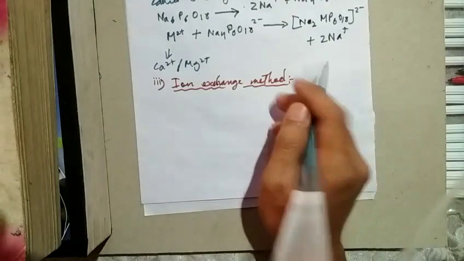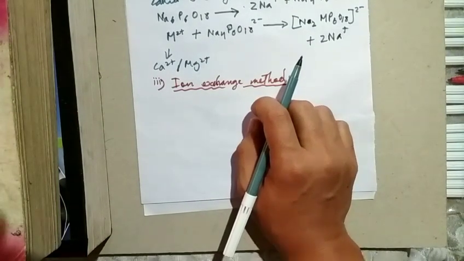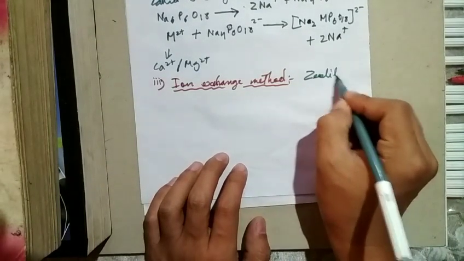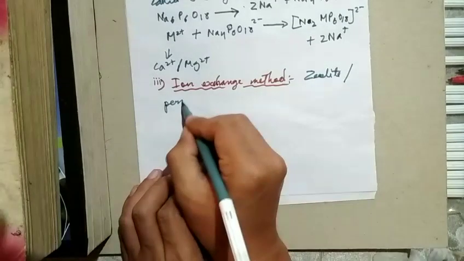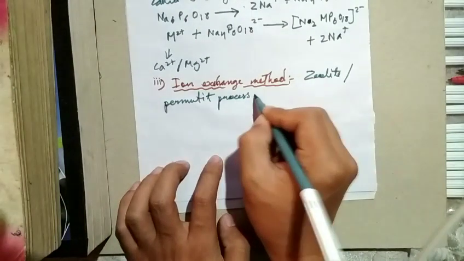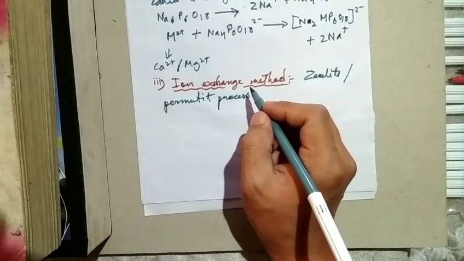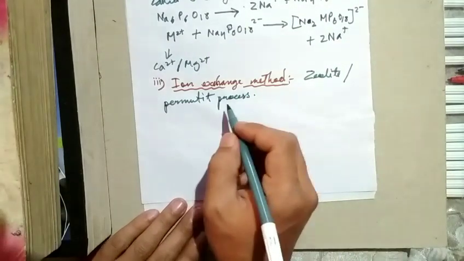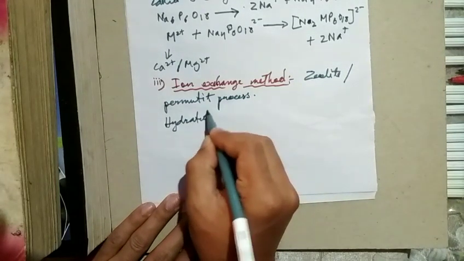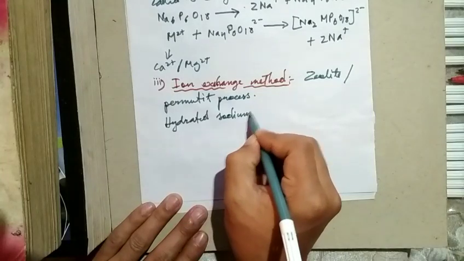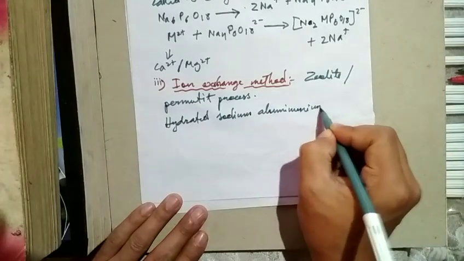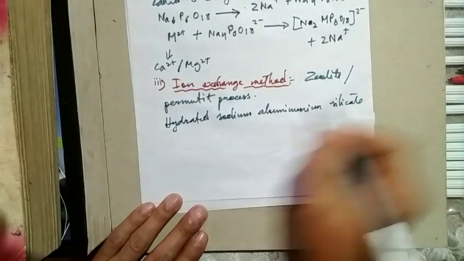Now the ion exchange method. This ion exchange method is also called the zeolite or Permutit process. Here hydrated sodium aluminum silicate is used.